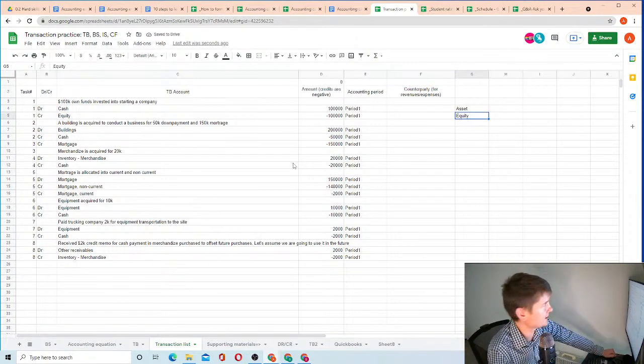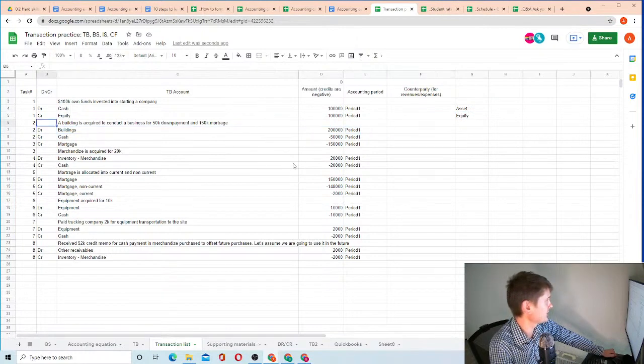What I am doing right now is looking at the transaction, and I see that, okay, that is cash and that is an asset. And here I have equity because it's the owner's contribution.